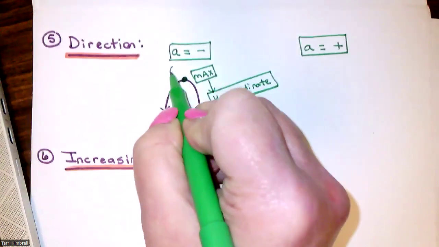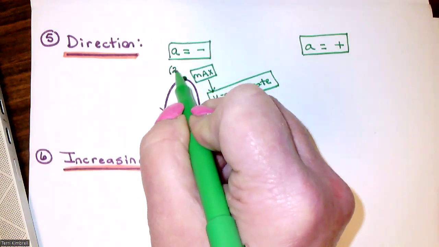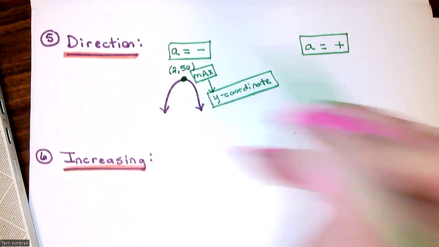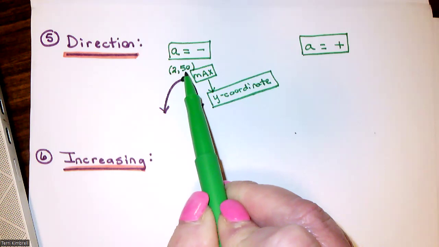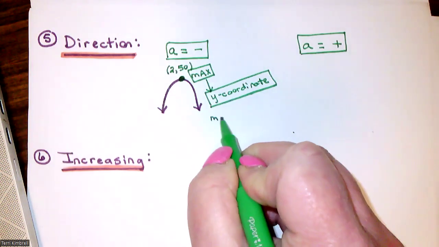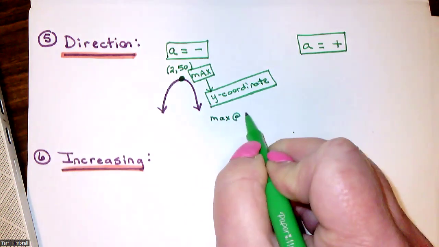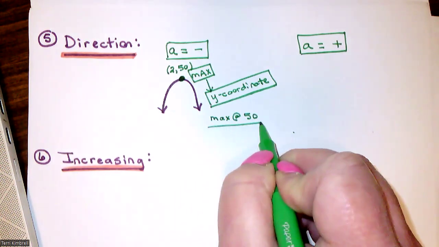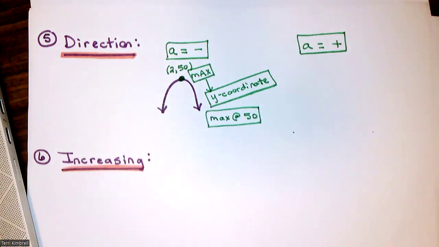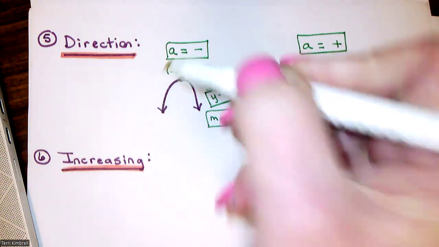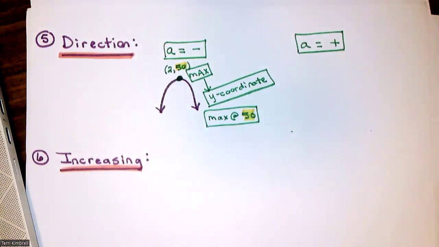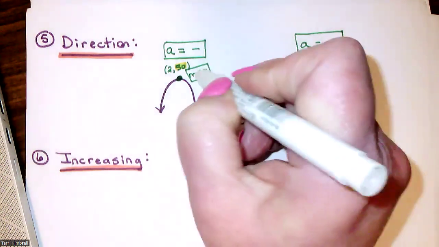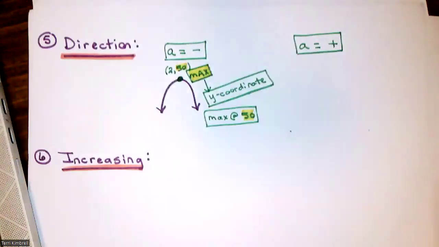So if this ordered pair was (2, 50), we would say maybe after 2 seconds, the maximum height of the ball would be 50. So this would have a max at 50. So again, you want to look at your y value, and if it opens down, then it has a max.